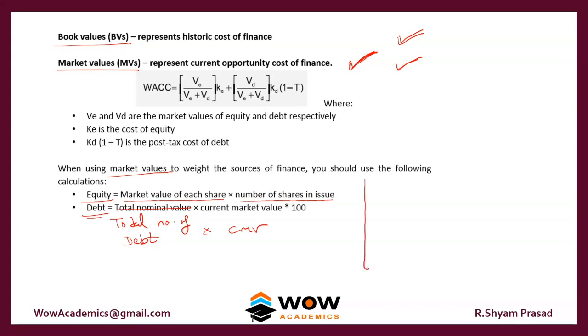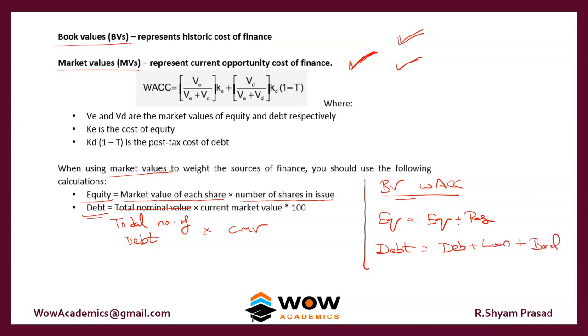Assume that you are required to calculate the book value WACC. In that case, the equity will be the equity share plus the reserve. Okay, debt will be directly given there. So any debenture or loan or any bond will be consisting of the debt part of it.